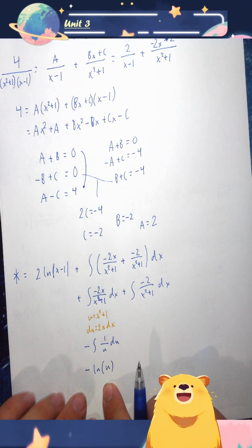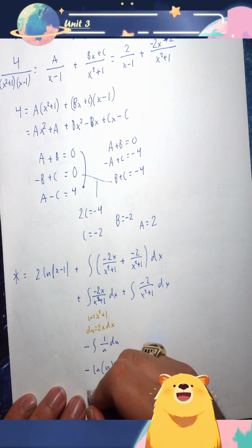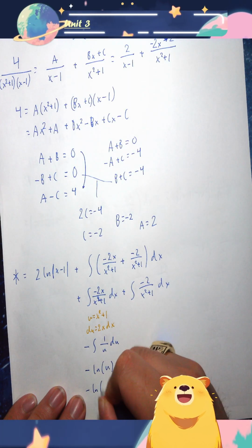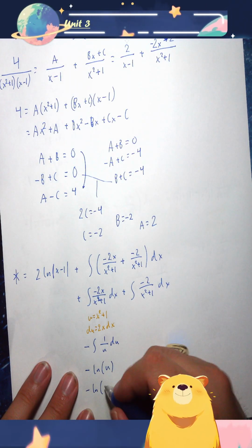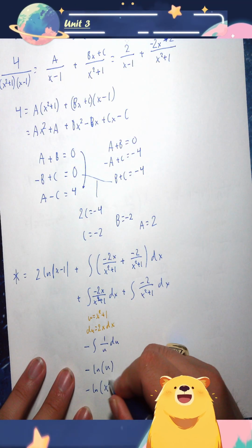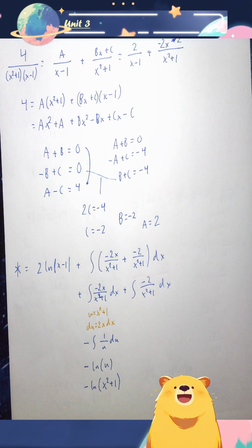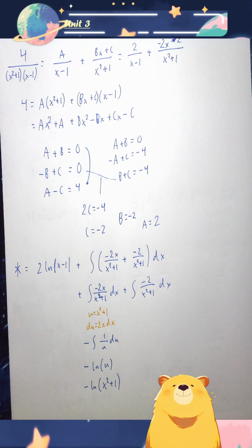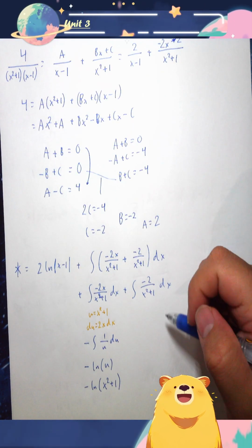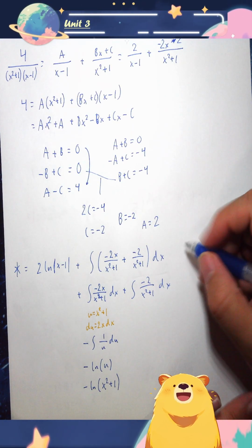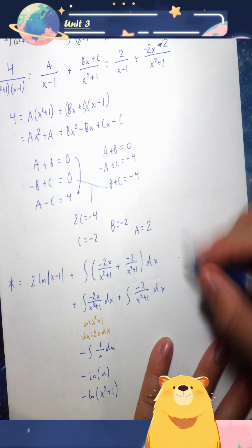And then after plugging in u, we'll get negative ln of x squared plus 1. Okay, I'm just double checking. Yes. Over here, we recall the tangent integral.